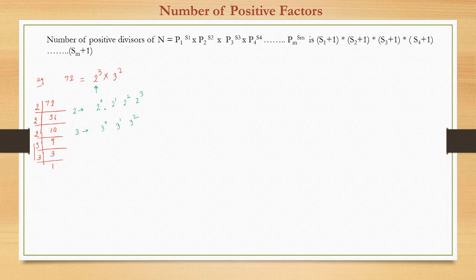Now we want to see how many combinations can be there. Four are purely on the basis of 2 and three purely on the basis of 3, but there may be some combinations of these. So that's what we want to see.